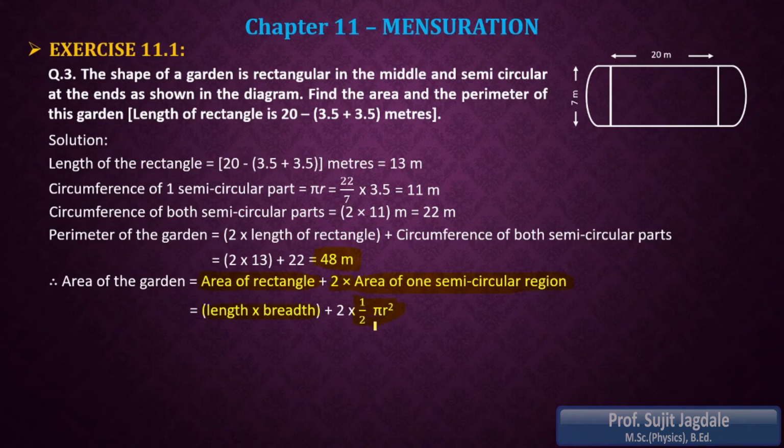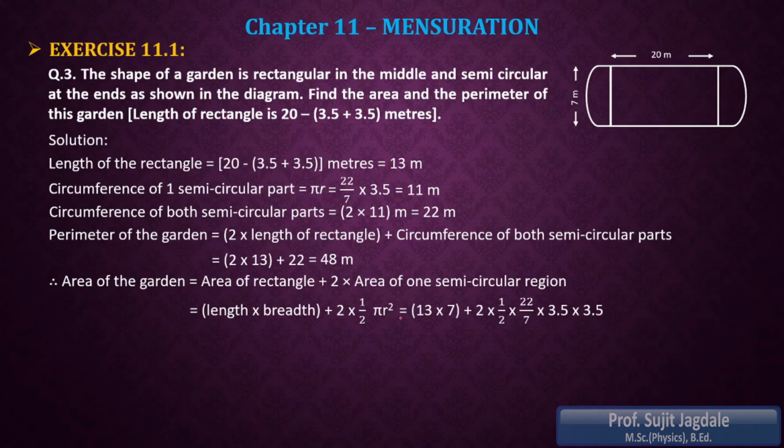Because the area of a circle is pi r square and we have to take half the value, so it is 1/2. And again we have to double it. So in either way that 2 will be cancelled, and again you are going to get pi r square, because one semicircle plus the second semicircle gives a complete circle. The formula for the area of a circle is pi r square, so that is what we are getting.